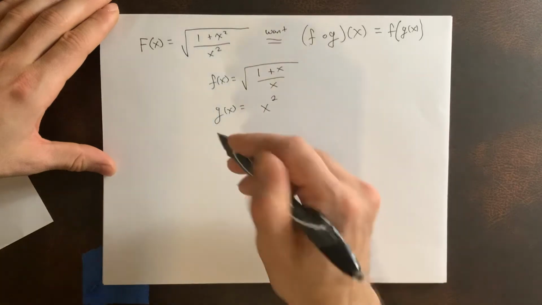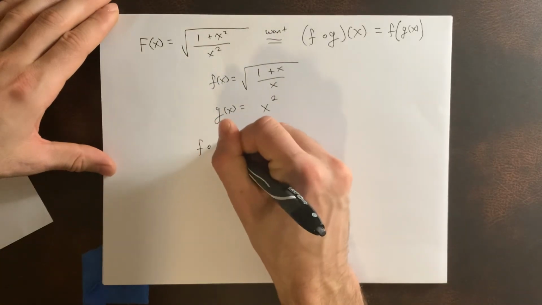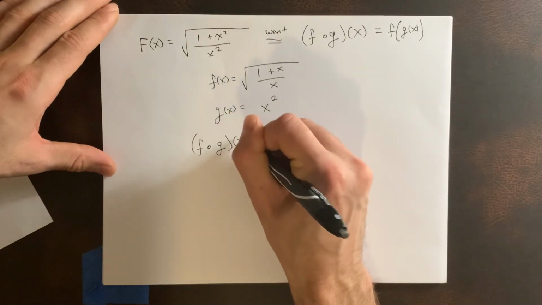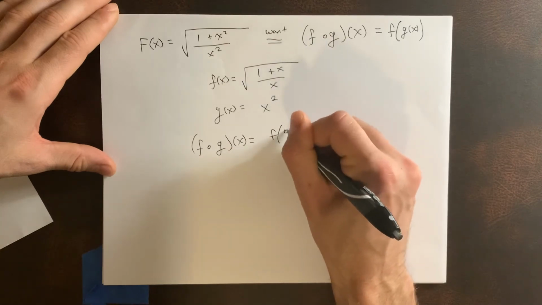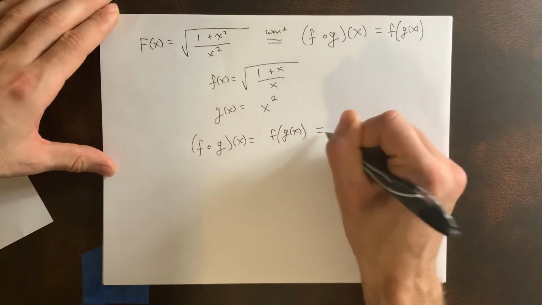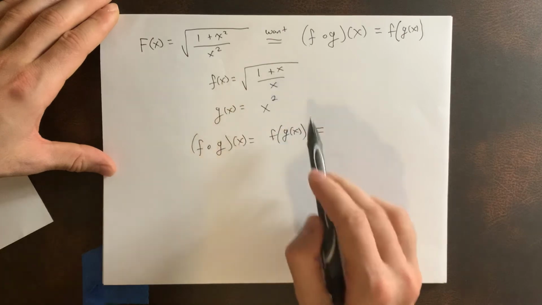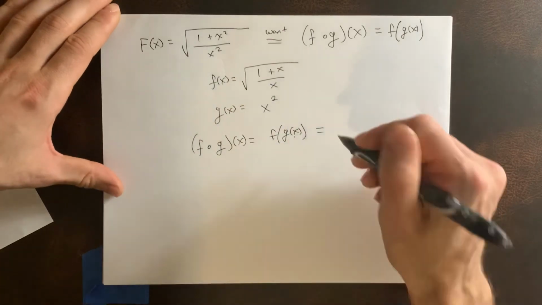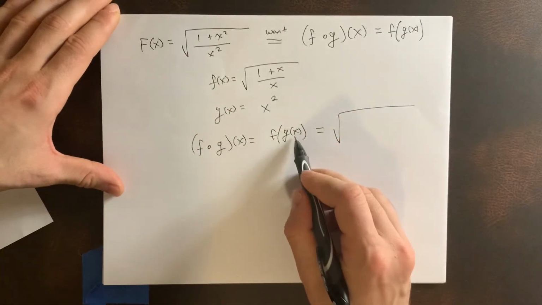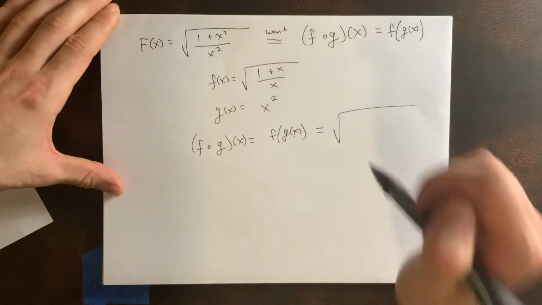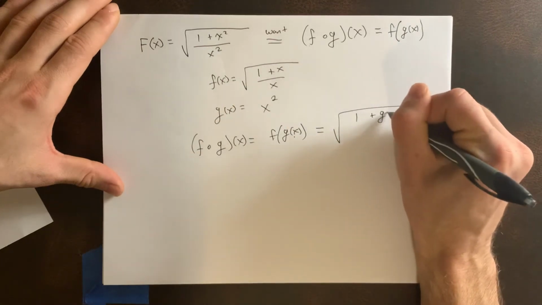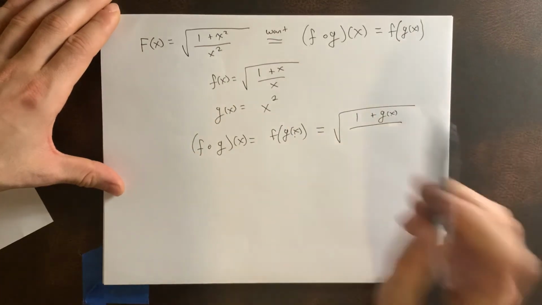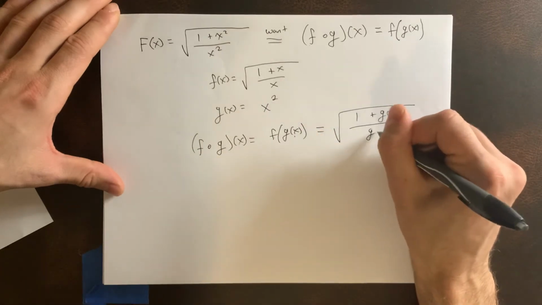So if we were going to find f composed with g of x, which equals f of g of x, this is going to equal, so f is this function, and we're plugging in g inside of it. So if we're plugging in g inside of f, we're going to have 1 plus g of x all over g of x.